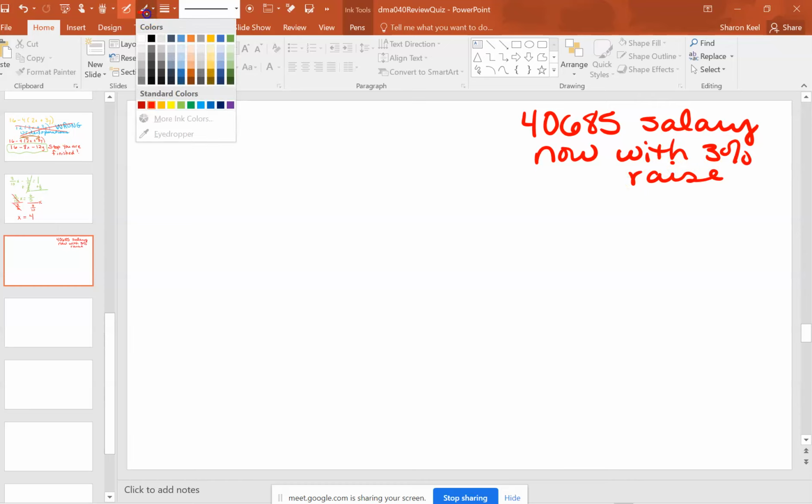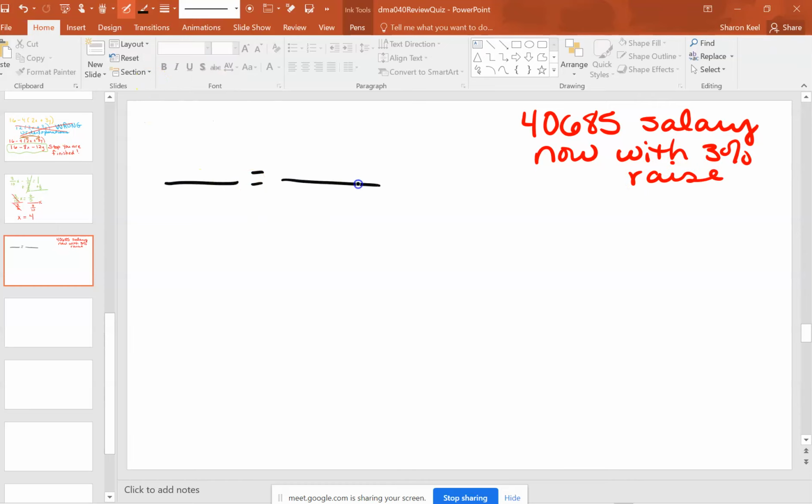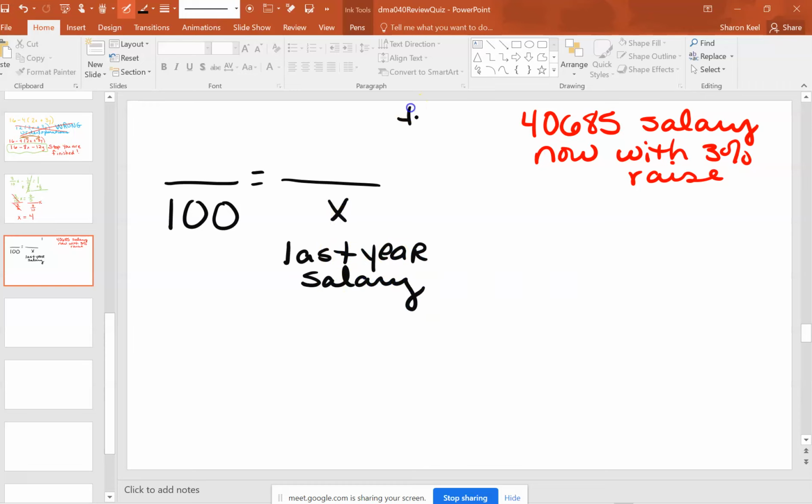So for a problem like this, I personally set up a proportion. The 100% is what you would have made last year. That's what we're trying for, last year's salary. That is the X. This year, your salary is $40,685.